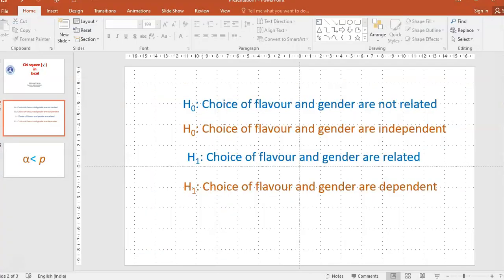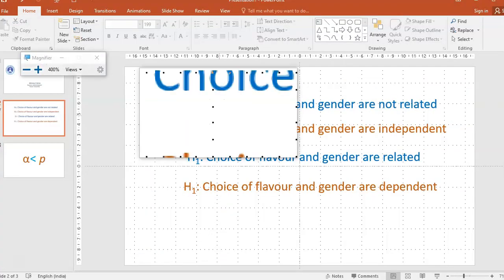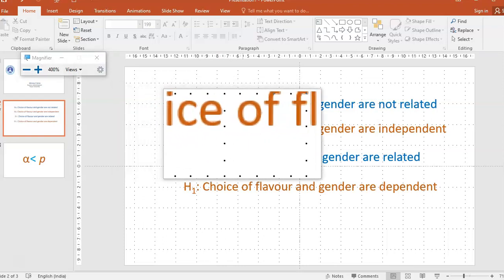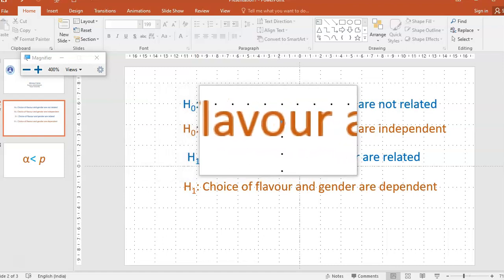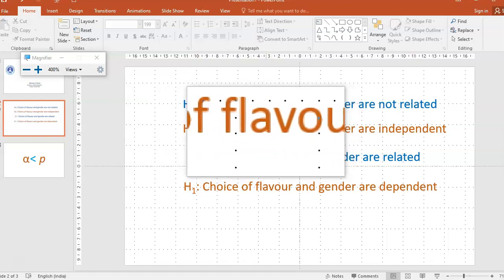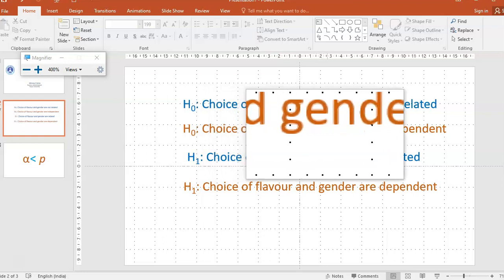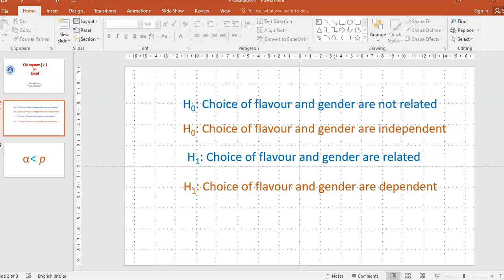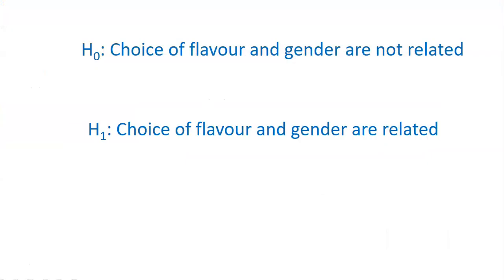Okay, we found out the choice of flavor. So that is the null hypothesis. We wanted to see if the choice of flavor has got something to do with the gender. So what would be the null hypothesis? We can have two basic forms of null hypothesis. One is: the choice of flavor and gender are not related.